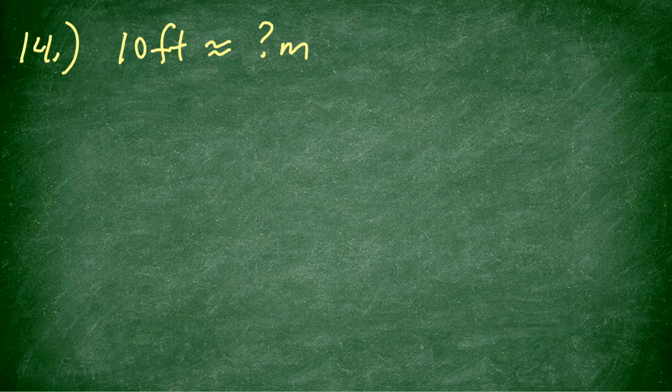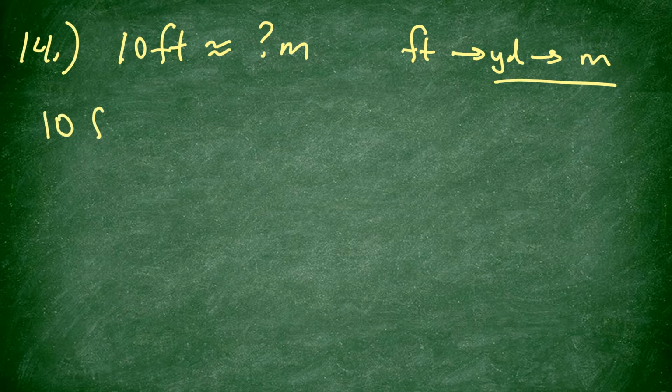All right, 14 is a little bit trickier because I don't have a conversion that goes feet right into meters. All right, so I'm going to turn my feet into yards because I have a conversion that does yards to meters. So I know that I can turn feet into yards, and then I can turn this yards into meters. So 10 feet, I'm going to multiply. Remember, I'm going to put yard on the top.